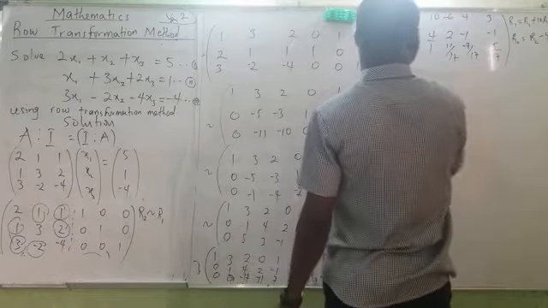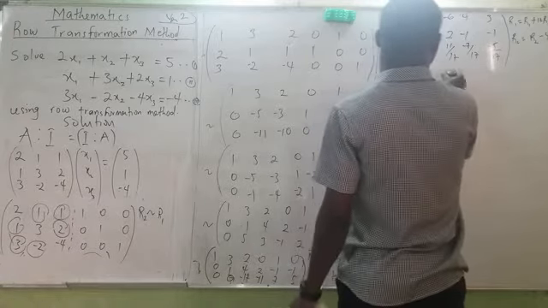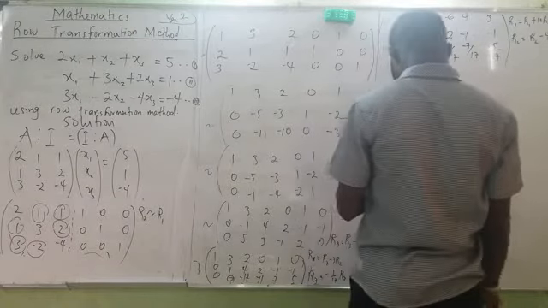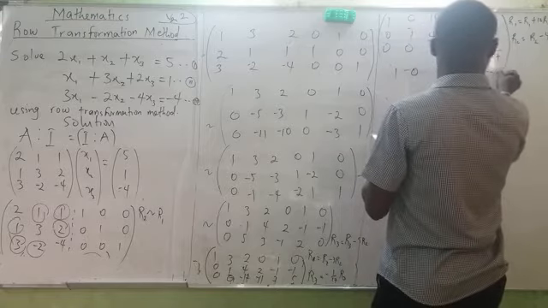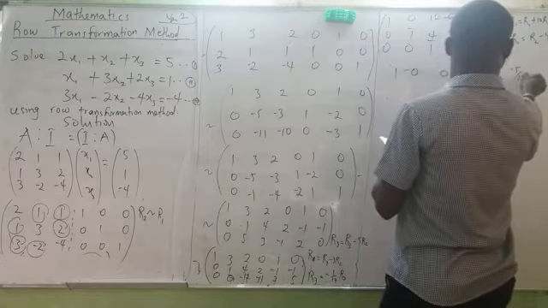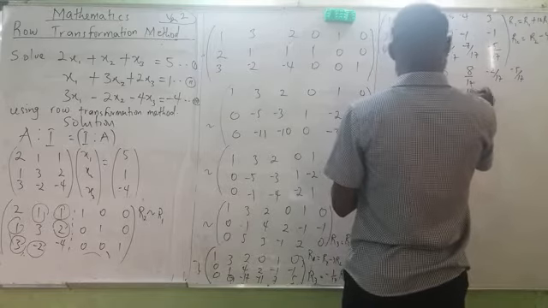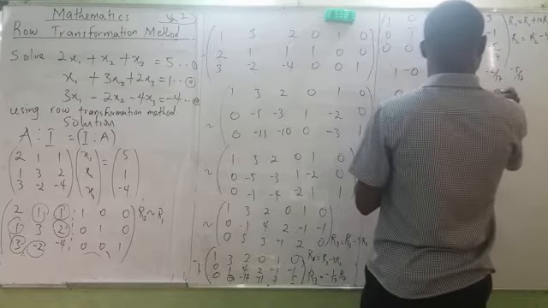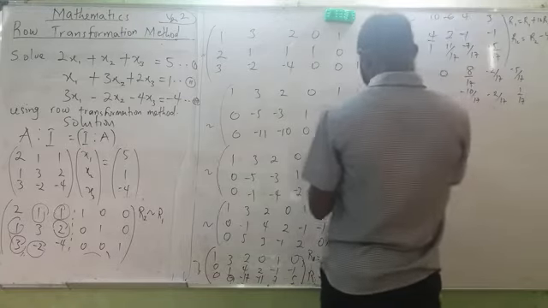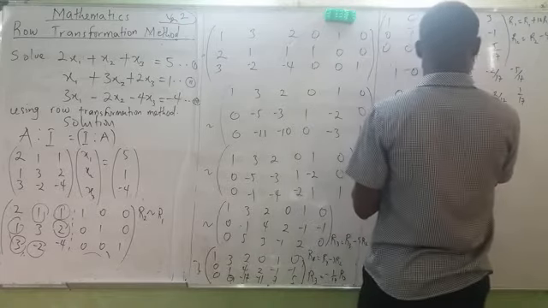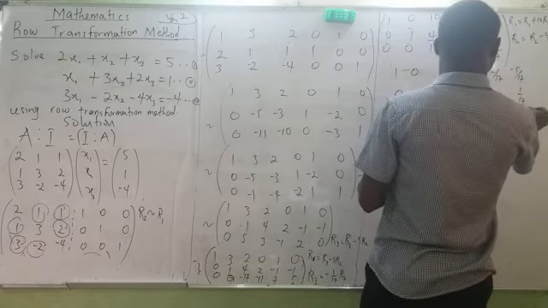It means here will be equals to 1, 0, 0, and 8 all over 17, minus 2 all over 17, minus 5 all over 17, and here will be 0, 1, 0, and minus 10 all over 17, which is going to be minus 1 all over 17, and here will be 0, 0, 1, which is I'll be having 11 all over 17, and minus 7 all over 17, and 5 all over 17.